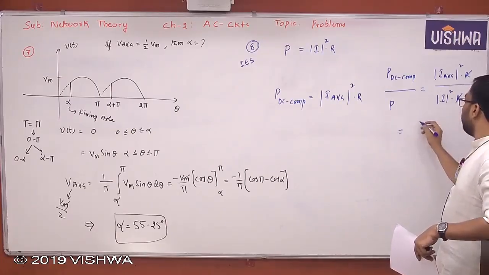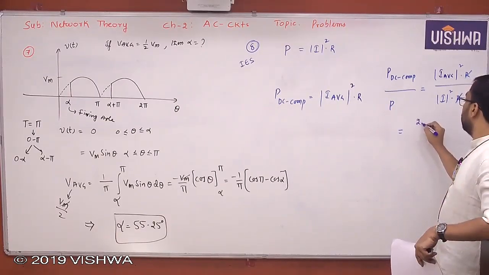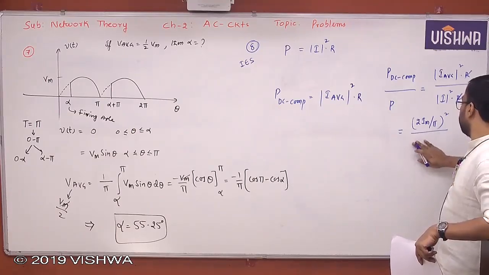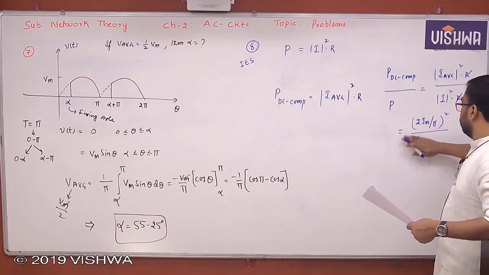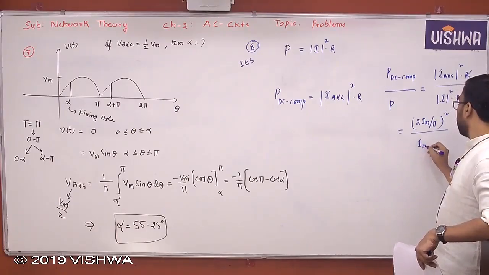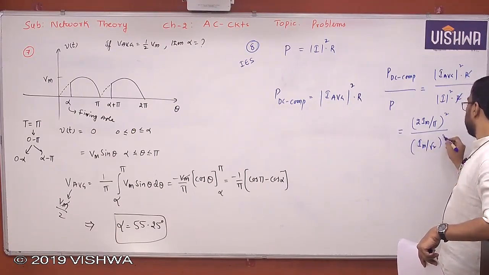But what is I average for a full wave rectified sinusoid? It is 2 I max by pi, whole square, divided by I max by root 2, whole square.